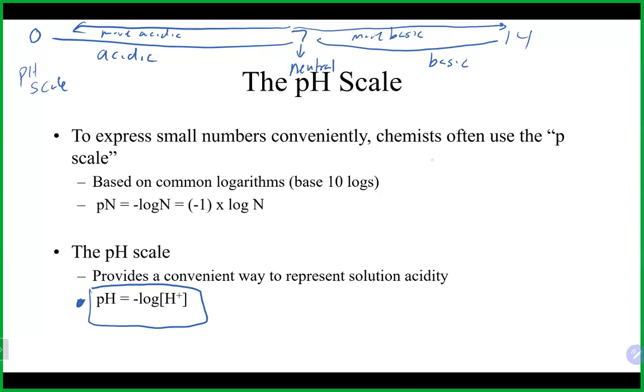Our equation for pH, and by the way, it tells you what you need. pH means you need the H plus concentration. Negative log of the H plus concentration is how you calculate it. Now, this equation and all the rest of them we're going to talk about will depend on the type of calculator you have, whether you have a display calculator or a non-display calculator.